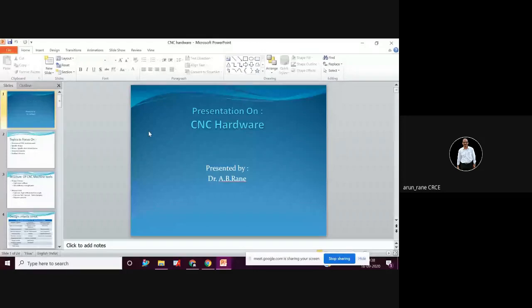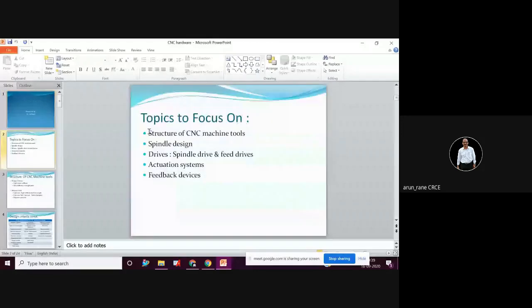What it is. The most important in CNC hardware is your spindle design. Your spindle should be rigid, robust enough so that it holds the tool.